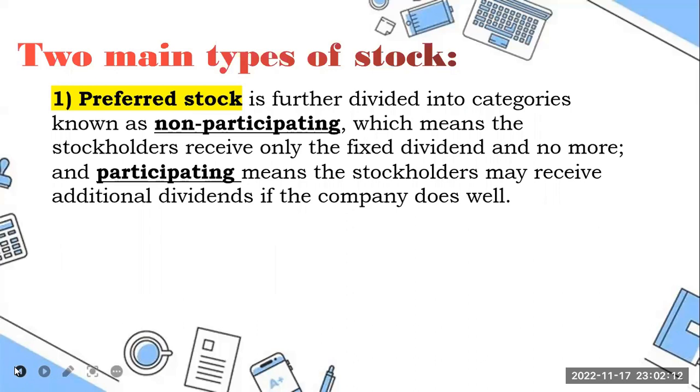Kaya nga siya non-participating, fixed dividend and no more. And for participating, it means the stockholders may receive additional dividends if the company does well. So, pwede silang makatanggap ng additional dividends.